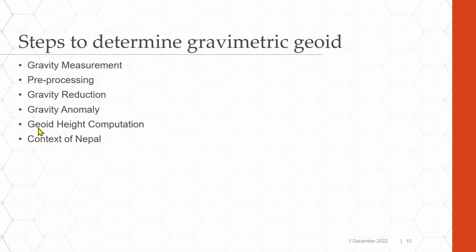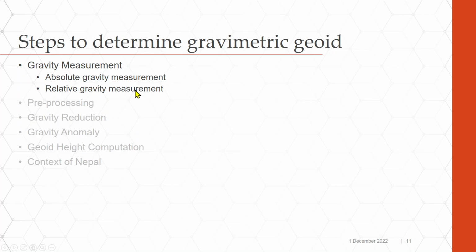And the final step is geoid height computation using the gravity anomaly obtained in the previous step. At last, I will discuss the gravity dataset available till now in Nepal and the gravimetric geoid developed from those available gravity datasets.